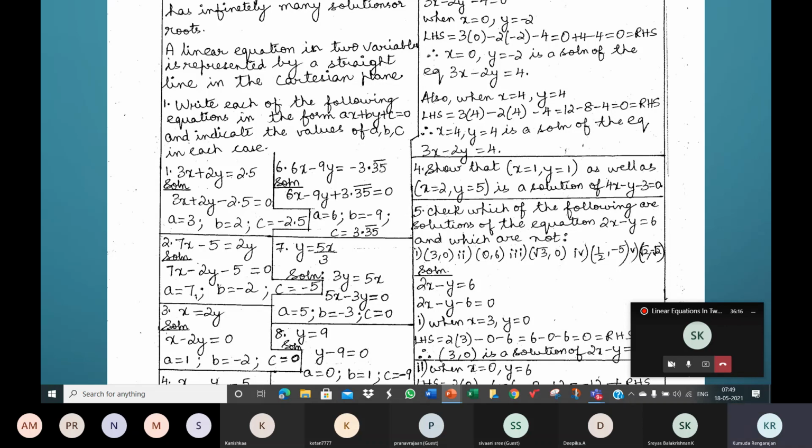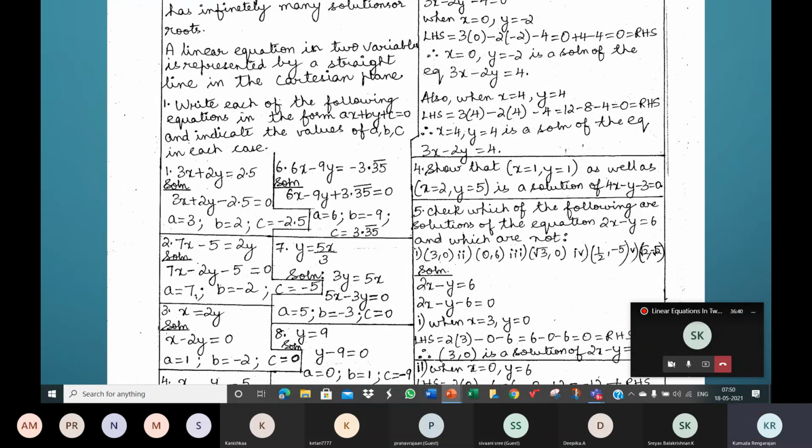Because if both of them are 0, then it's not going to be a linear equation at all. If it is 0x and 0y, then there is no x term, there is no y term. It's not a linear equation at all. There should be at least the x term or the y term.